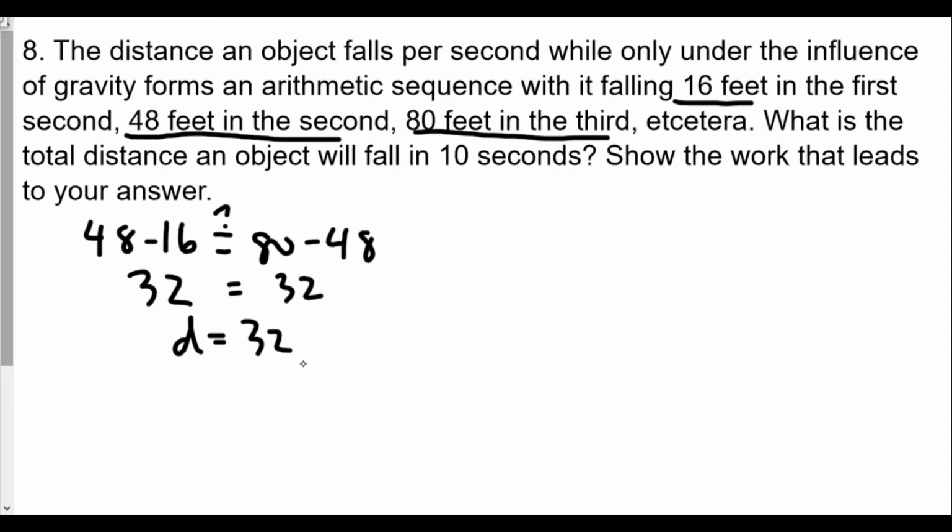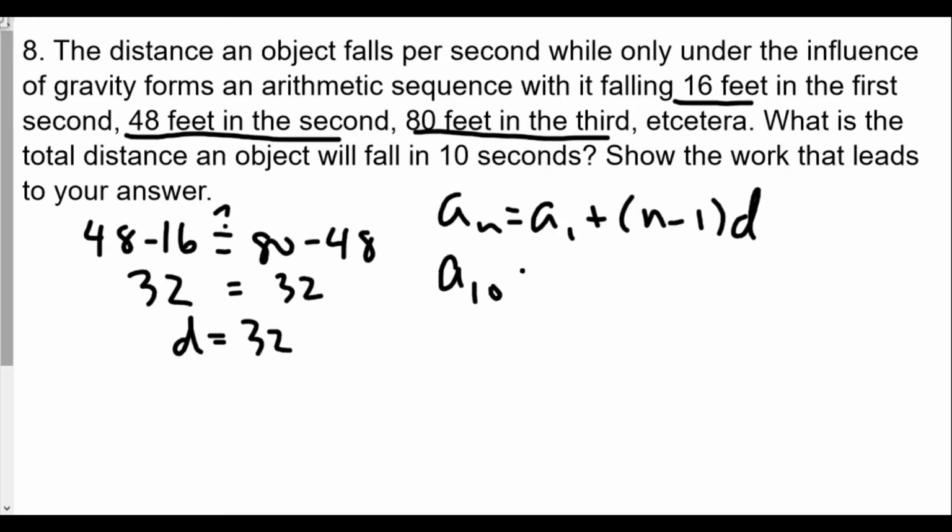We use our formula, a sub n equals a1 plus n minus 1 times d. The 10th second means n is 10, our first term is 16, n minus 1 is 9, and we're adding 32 feet to the distance it falls each second.